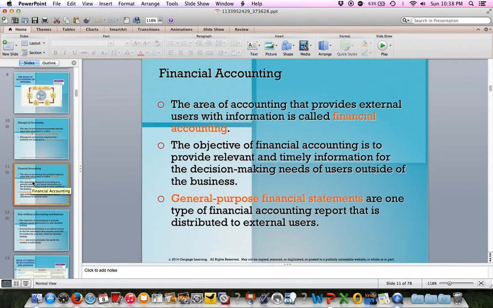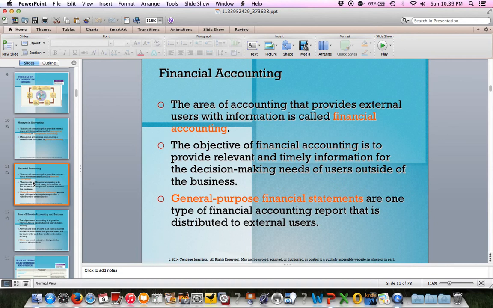The branch of accounting we're going to spend our time on in this class is financial accounting. The area of accounting that provides external users with information is called financial accounting. Okay, so external users, we identify the users and we design systems and give them the information that they need to make decisions. Primarily those are those investors and creditors.